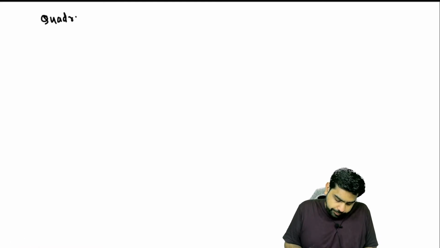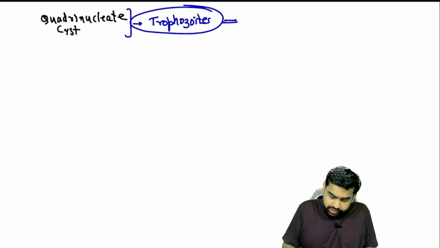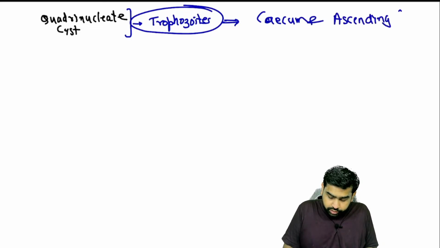This quadrinucleate cyst gives rise to trophozoites. These trophozoites are released into the cecum and ascending colon, where they lead to flask shaped ulcers.